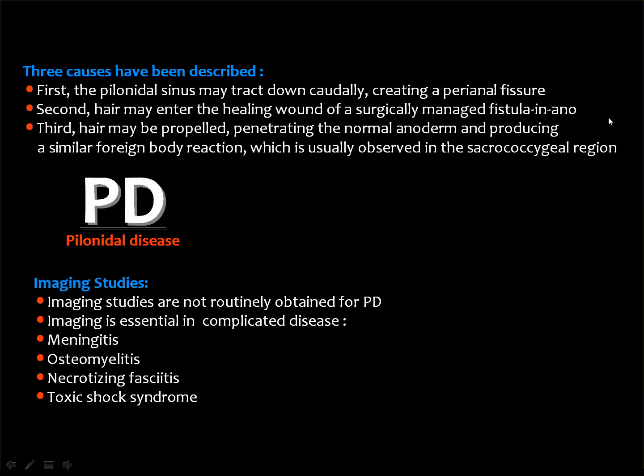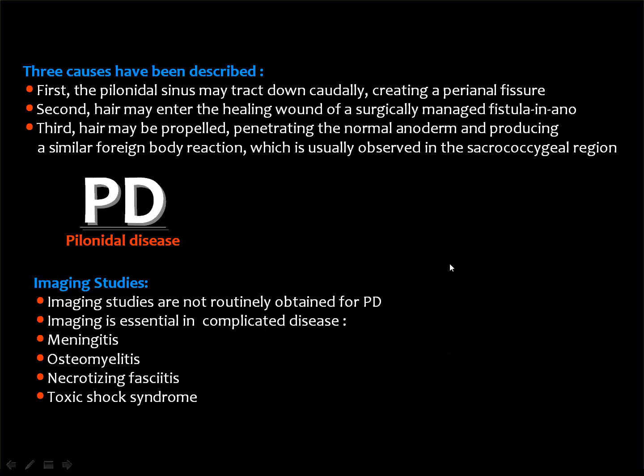They thought that the causes of pilonidal disease may include a pilonidal sinus that may track down caudally, creating a perianal fistula, and this is a rare presentation. Or a hair may enter the healing wound of a surgically managed fistula, or the hair may be propelled, penetrating the normal endoderm and producing a foreign body reaction, which is usually observed in the sacrococcygeal region.